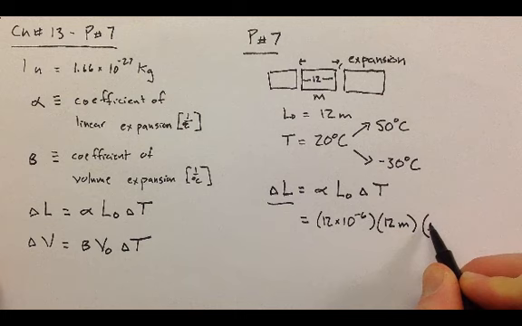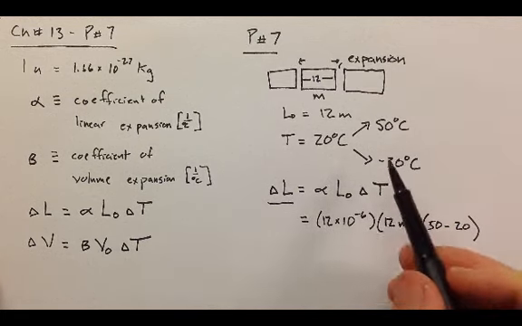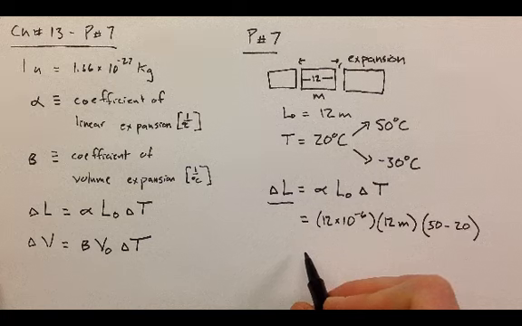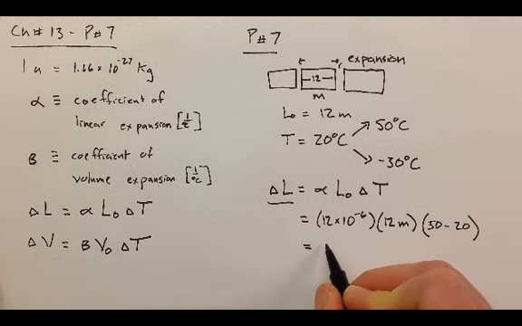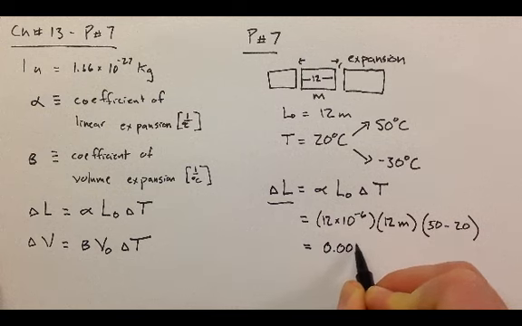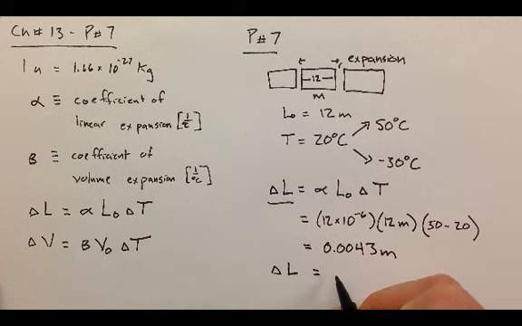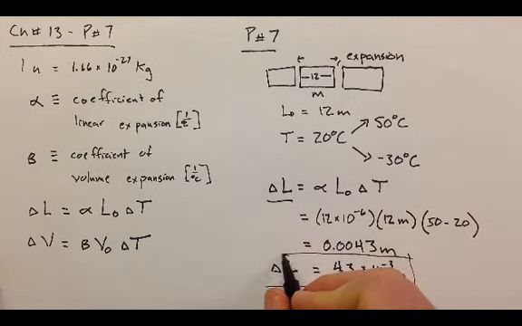So the final temperature would just be 50 degrees minus the initial temperature 20. Again, because we just have to worry about these things heating up, not so much about them getting too cold. All right, so if we plug all those numbers in, we get about 0.0043 meters, or the expansion crack should be about 4.3 times 10 to the minus third meters in between the slabs of concrete for our roadway.